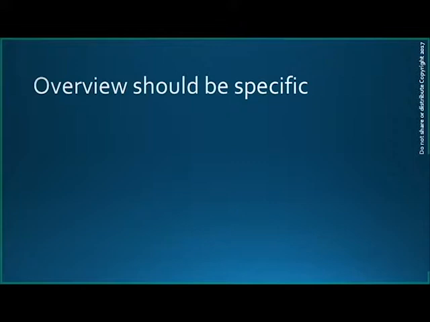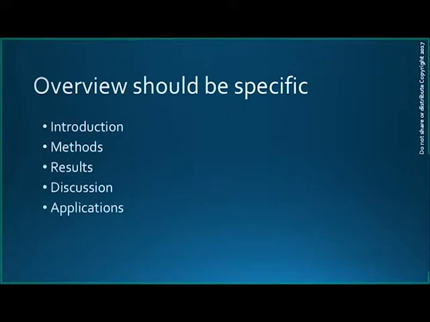And providing an overview at the beginning of a talk helps the audience better absorb the information and better remember the information you present during your main presentation. So I suggest that you do not present an overview that looks like this. This is a very generic overview, and it includes just the very generic components that are included in every research talk.